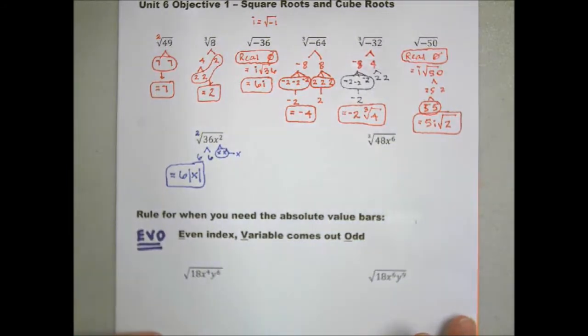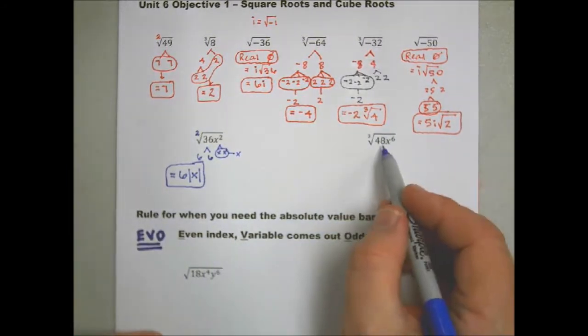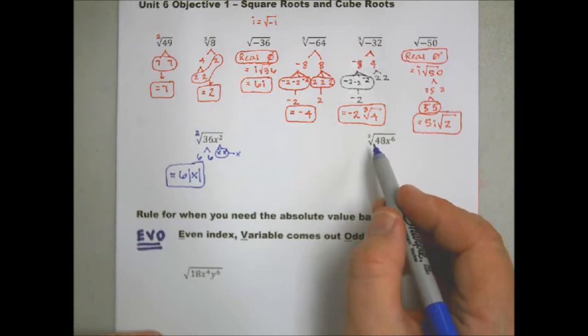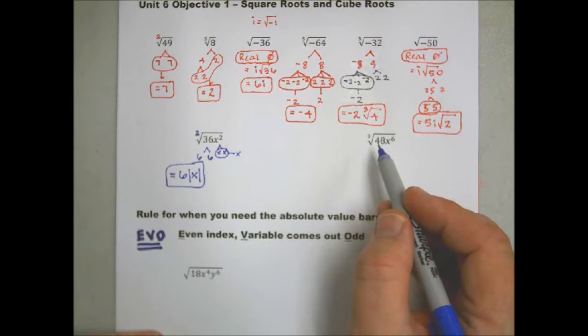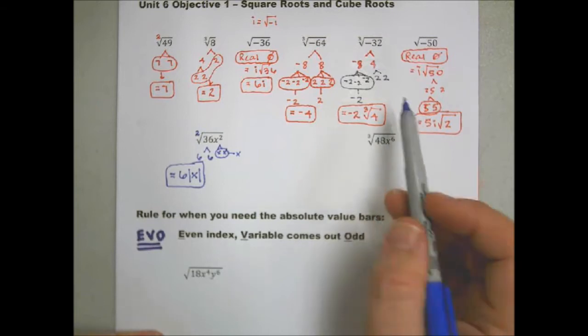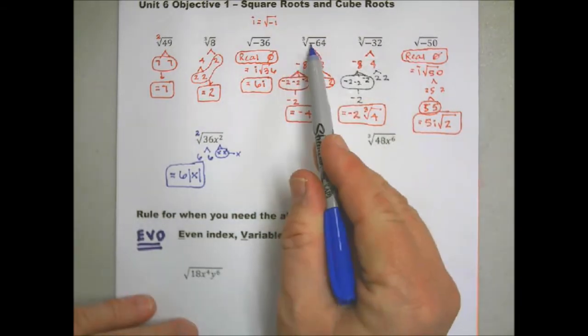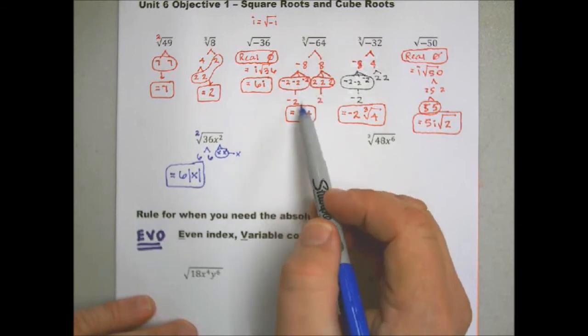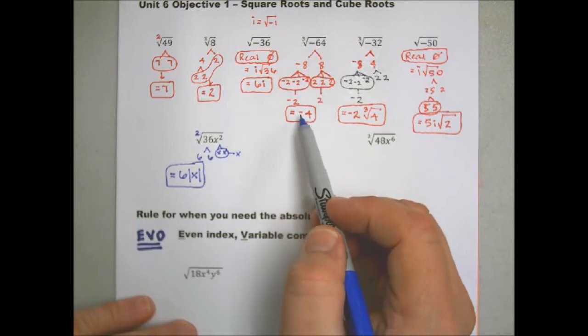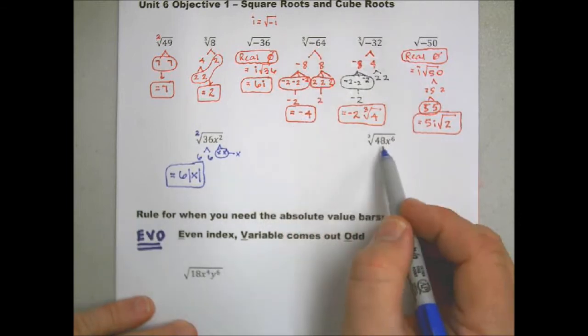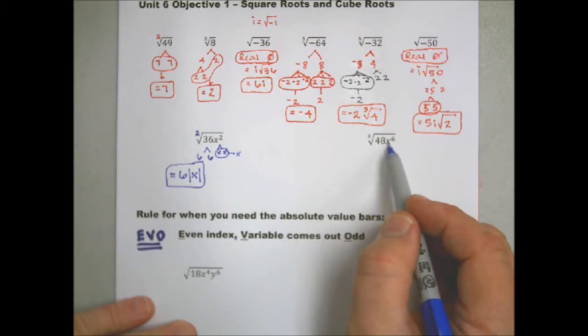Now, in the next problem, we're cube rooting. Well, the idea is you can cube root a positive number, but you can also cube root a negative number. We figured that out on this problem right here, which was the cube root of negative 64, and the answer was negative 4. So I don't have to worry about whether this started off as positive or negative.